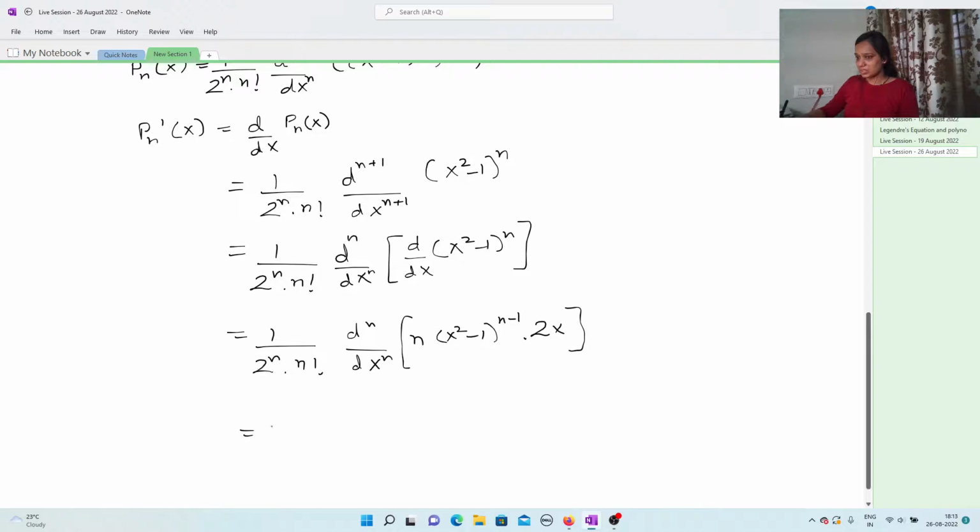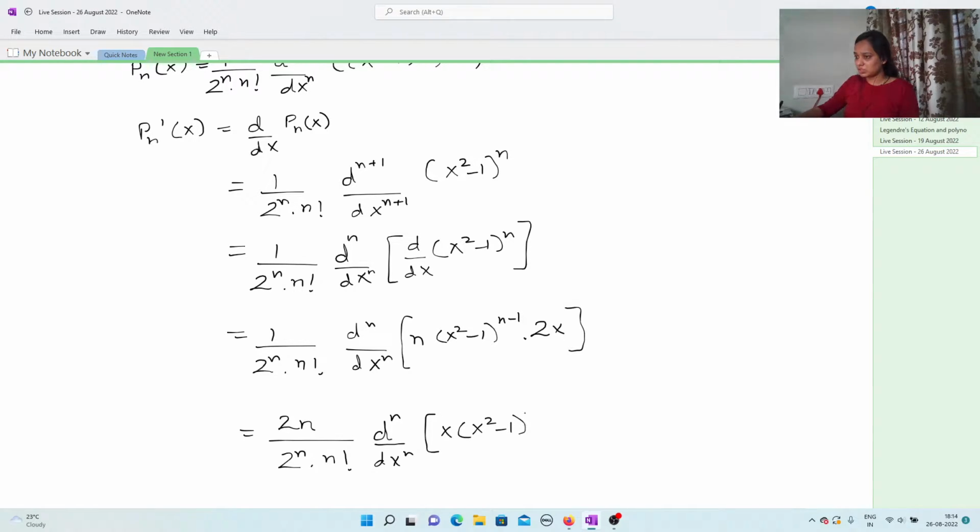So we can write it as, taking 2n outside, 2n over 2 to the power n into n factorial, d to the power n by dx to the power n of x into (x square minus 1) to the power n minus 1, right?